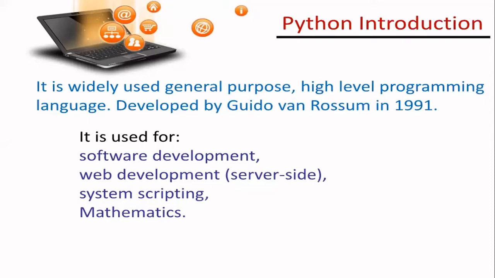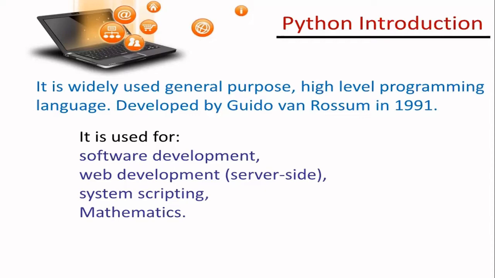All right. In the last class, you all saw that Python is a programming language. It is the widely used general purpose, high level programming language, the one that we are going to learn this year. It was developed by Guido van Rossum in 1991.